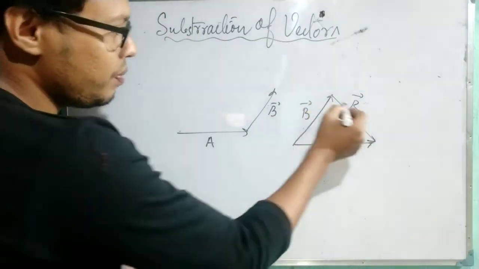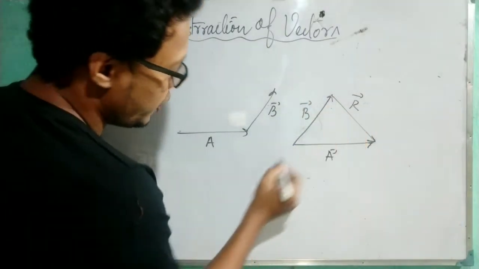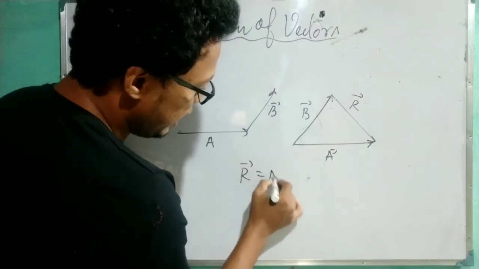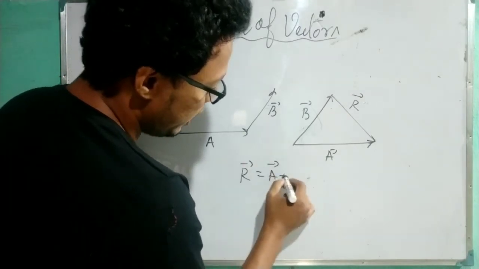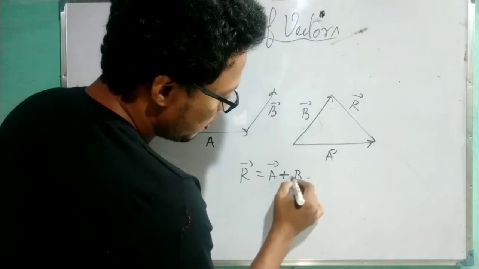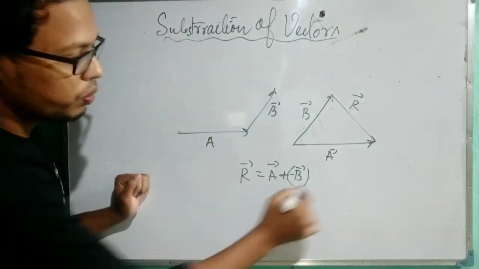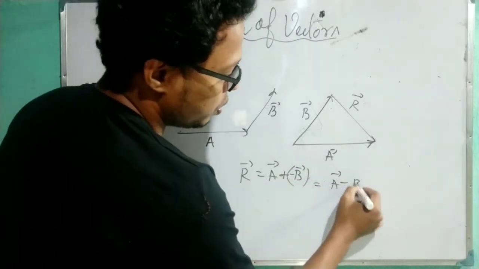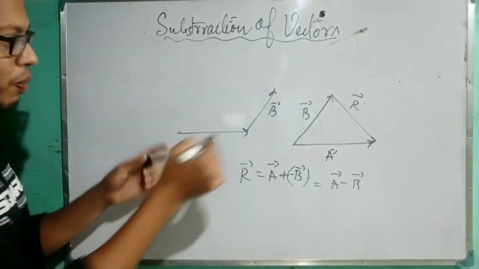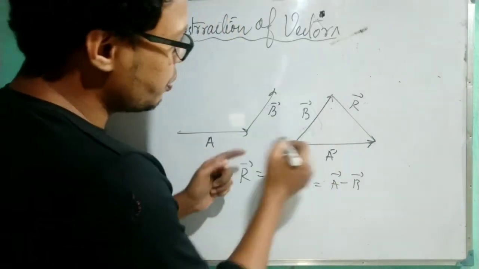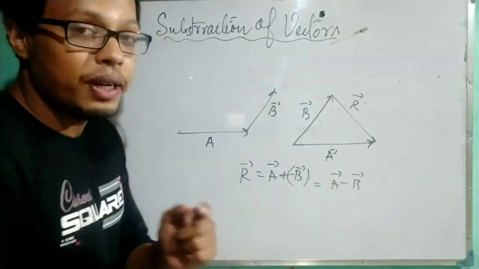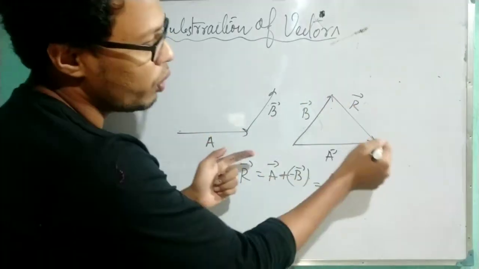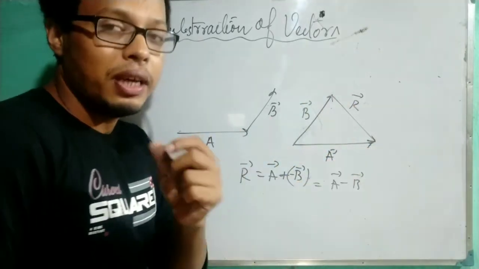Now R equals, look, here this R will be A minus B or A plus minus B. Okay, or we can write over here A minus B also. Why? Because in case of addition, what we have read, suppose these two vectors are given in the same order, then the opposite vector will give the resultant.